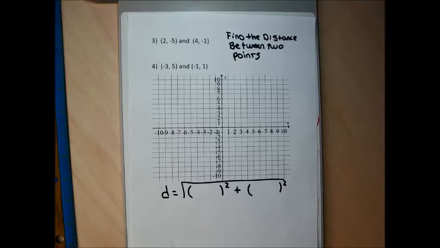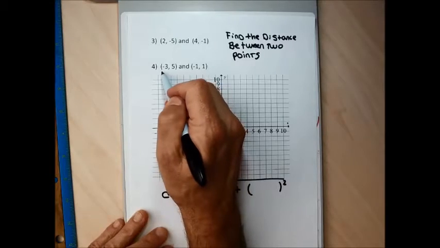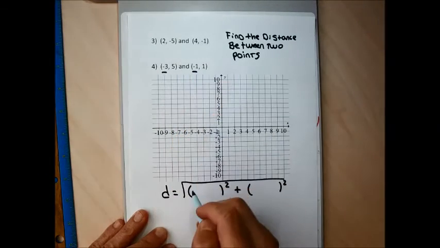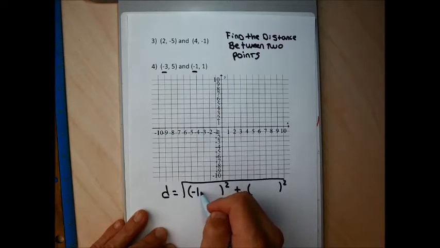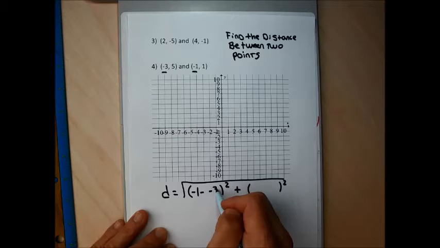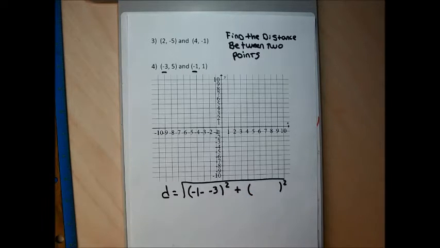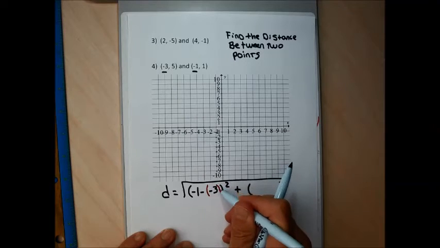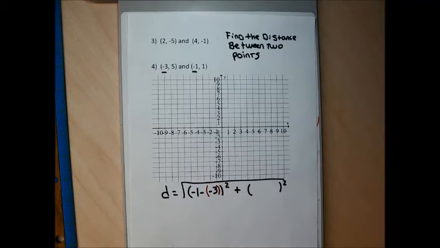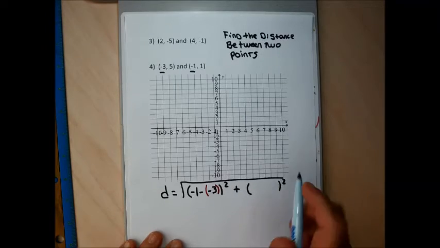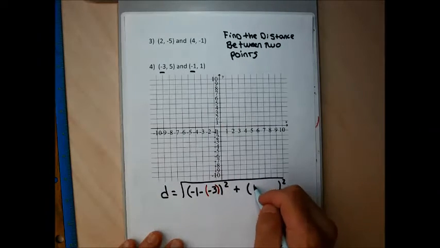Ultimately, I need to find the distance between my 2 points. So in the first parentheses, I'm going to find the difference between the x coordinate of the second point minus the x coordinate of the first point. I have a double negative. When I have a double negative, I usually capture that second negative in a parentheses. And then in the second parentheses, I'm doing 1 minus 5 squared, which is the difference of the y.